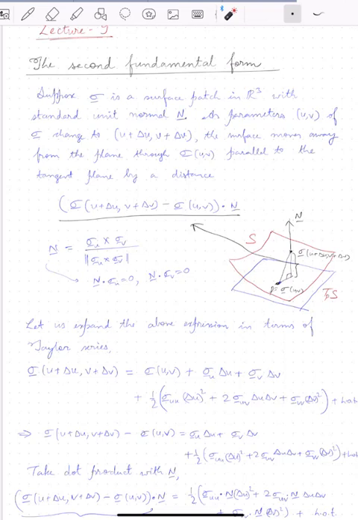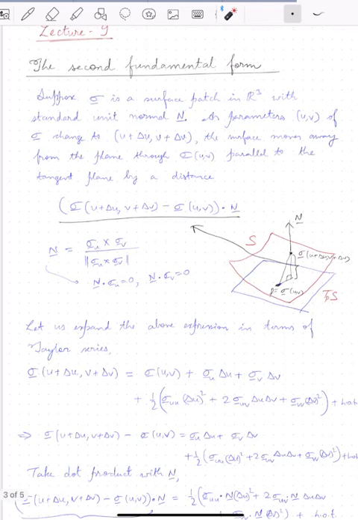However, what we'll see is for a plane, sigma of u plus delta u, v plus delta v, minus sigma just gives us a vector in the plane, and if we multiply with the normal to the plane, that's definitely going to be 0, since any vector which is in the plane is of course normal to the normal.